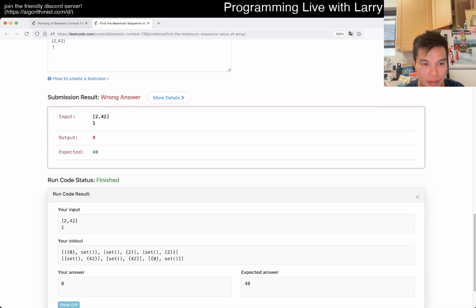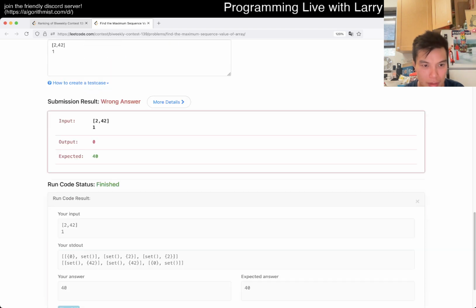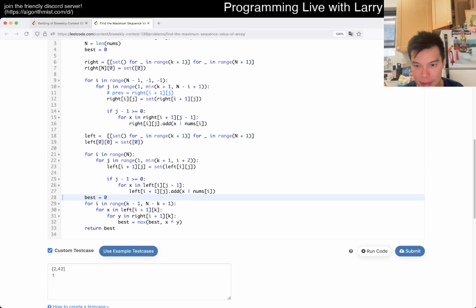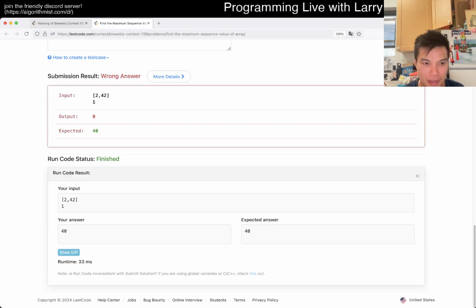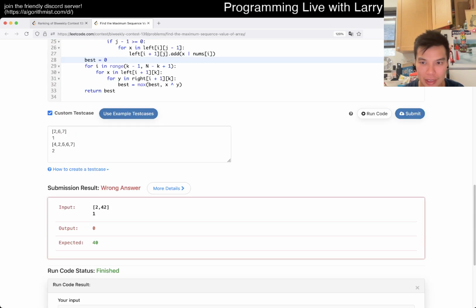So for K is equal to 1. Okay. Yeah, whoops. I think off by 1s. It still may be wrong though, but honestly it's not that interesting.